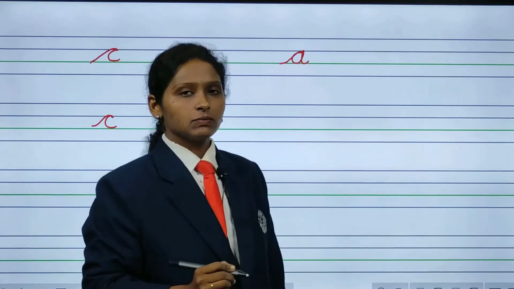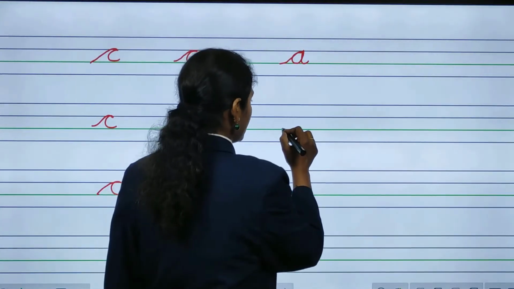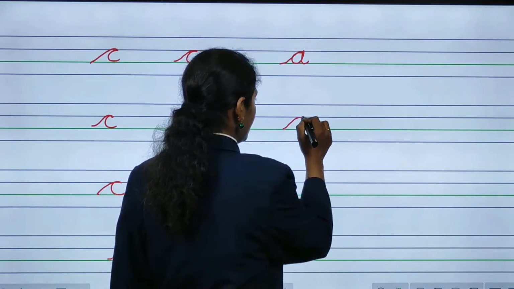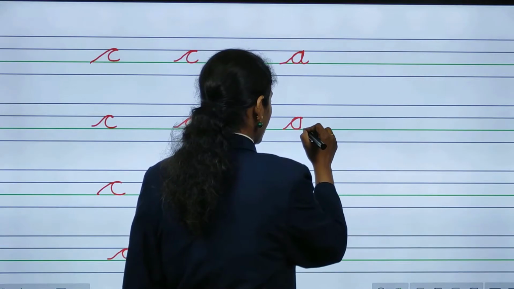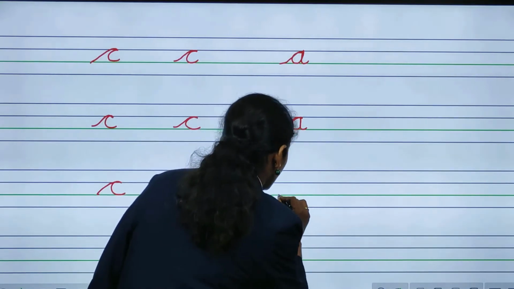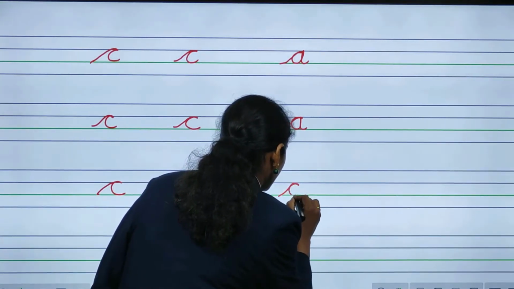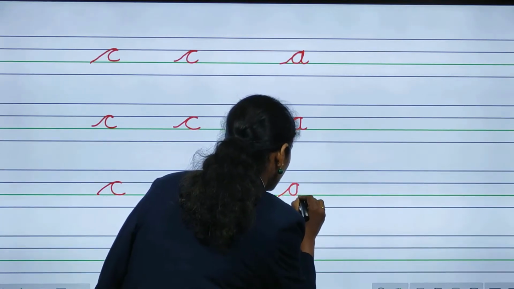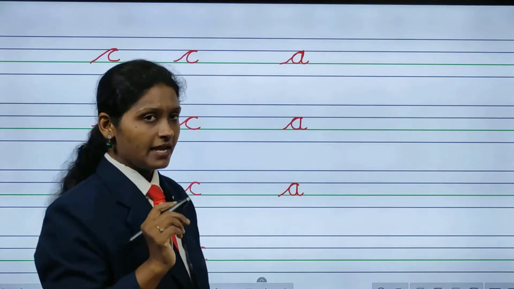This is small cursive A. So, again we will start writing this slant line, then curve line, then take it up and go down. This is small cursive A. Again, slant line and this way and this way. This is small cursive A.